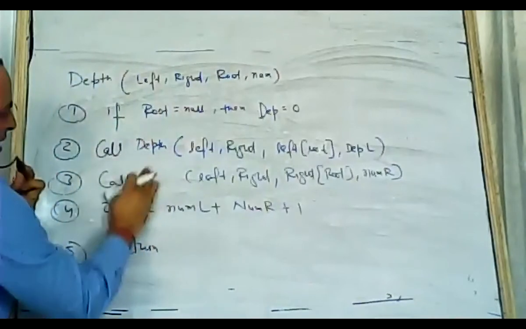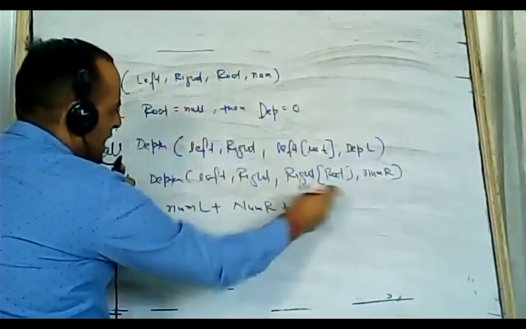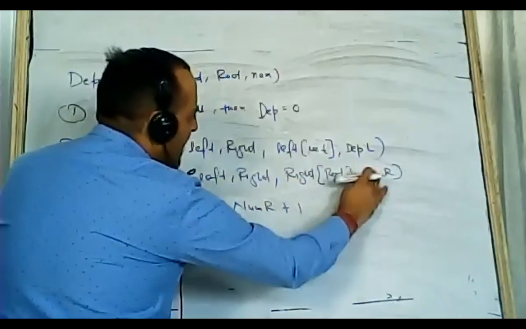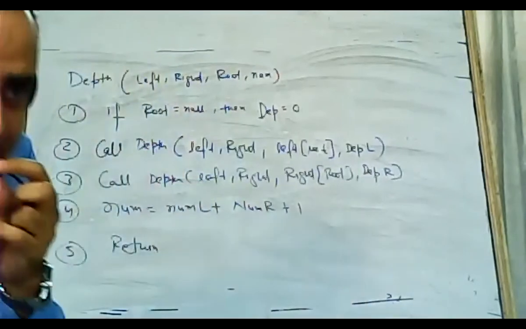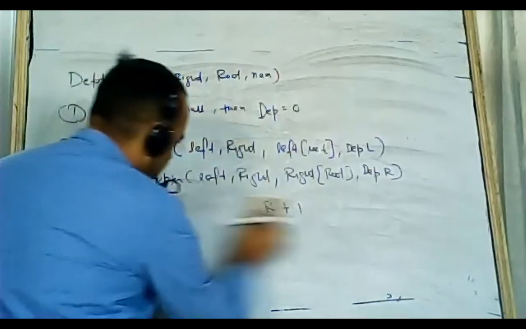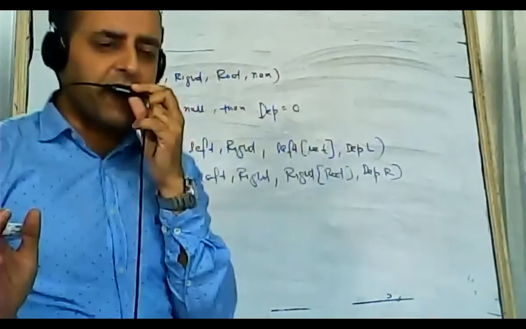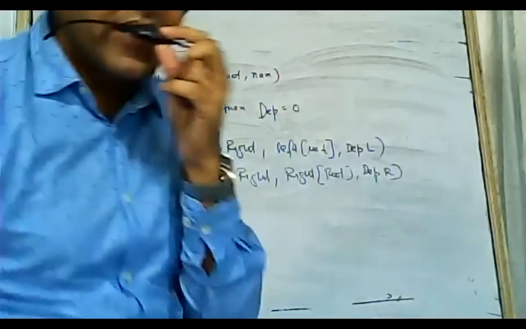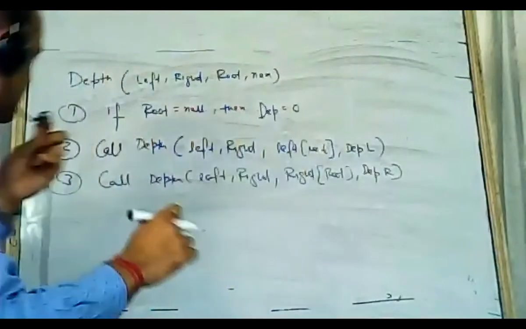Similarly, I will call the depth for the right of the root, and depth R will be the depth of the right subtree. Yes or no? I hope you know the depth, the maximum number of nodes in any branch of the tree. We have done this in the last lecture.